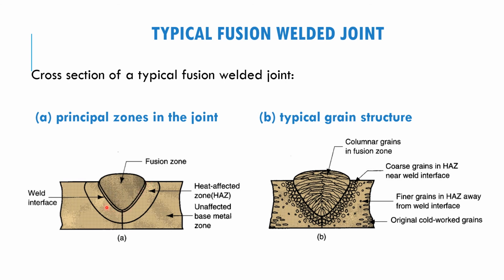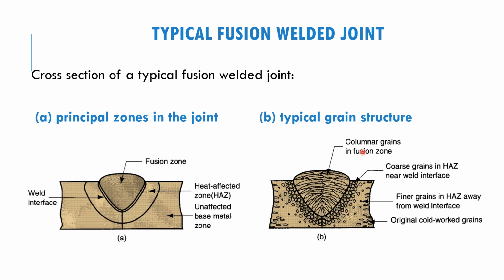Then there will be one layer here, what we call the weld interface, and then another area over here, what we call the heat affected zone or HAZ, and the other area is the unaffected base metal.